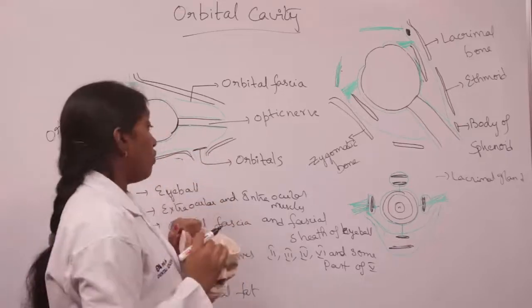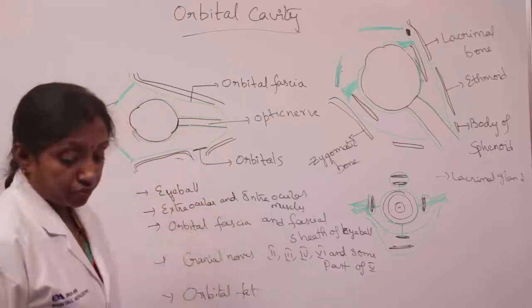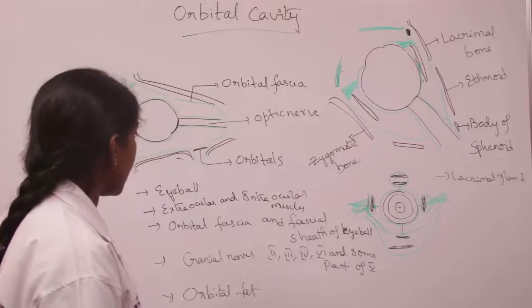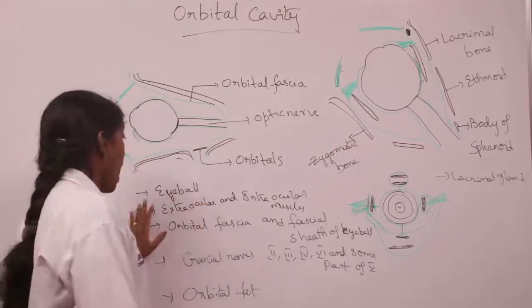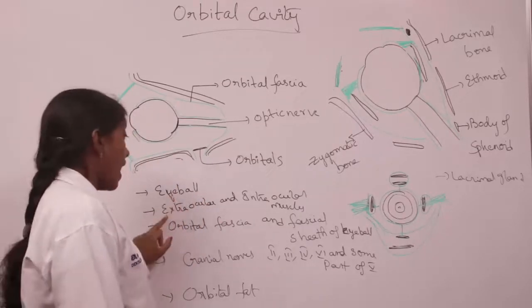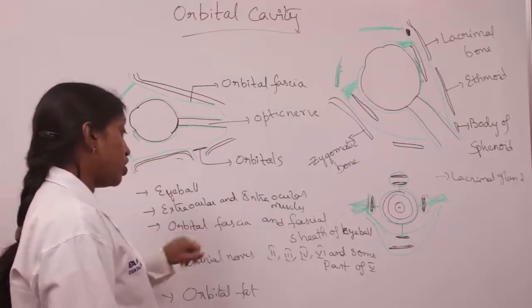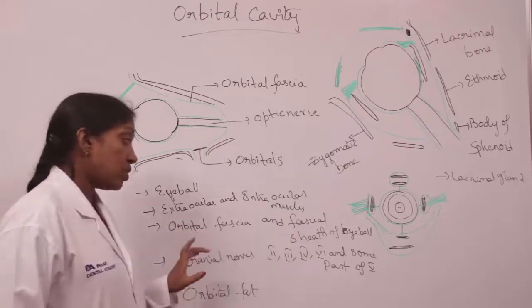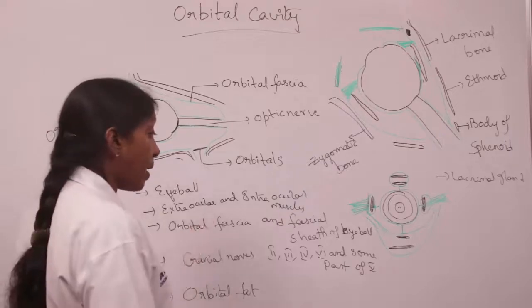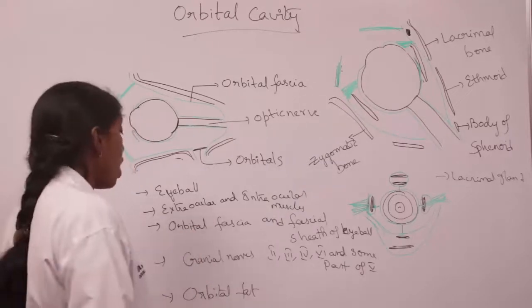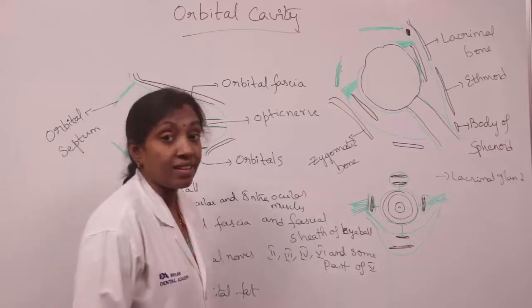Now we are discussing all these contents. Of course, the eyeball is a separate one, and then the extraocular as well as intraocular muscles of the eyeball, orbital fascia and fascial sheath of the eyeball, the cranial nerves, that means second, third, fourth, sixth and some part of the fifth trigeminal nerve, orbital fat, and the lacrimal gland.